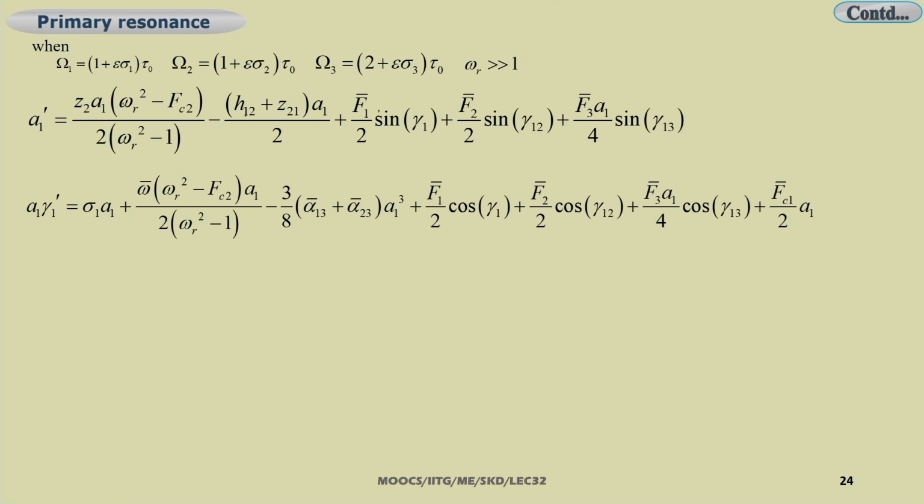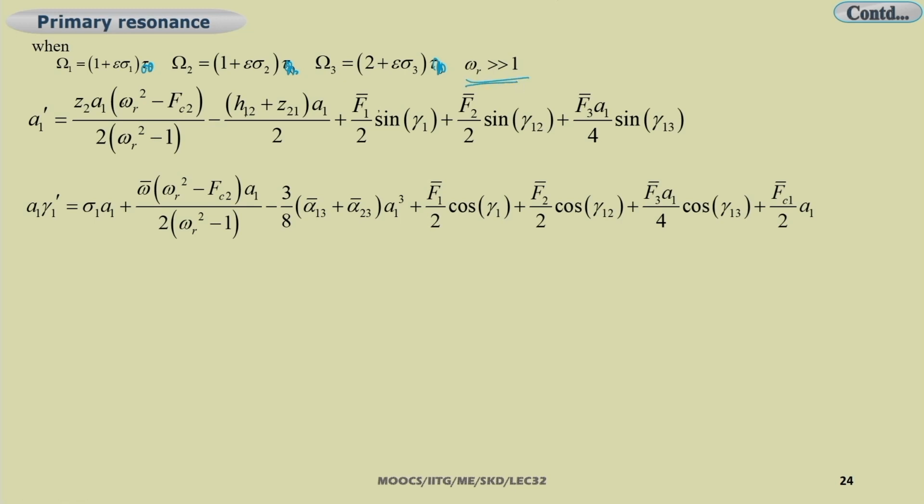As we have taken 3 frequency terms, we can take omega 1 equal to 1 plus epsilon sigma 1, omega 2 equal to 1 plus epsilon sigma 2, and omega 3 also can be taken, where the frequency ratio omega r is taken very far away from 1.